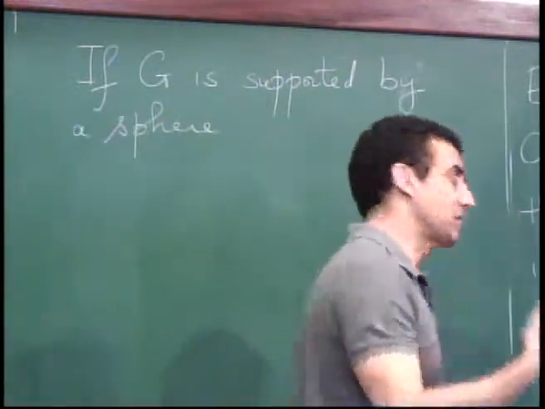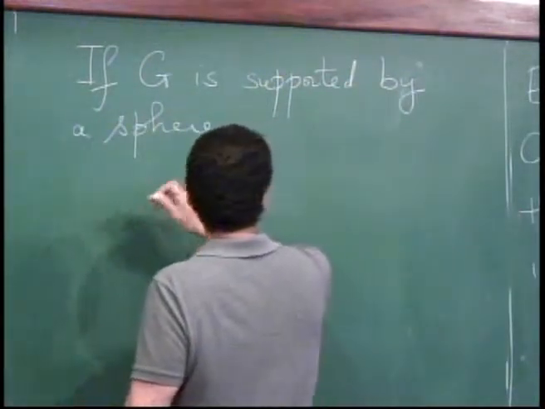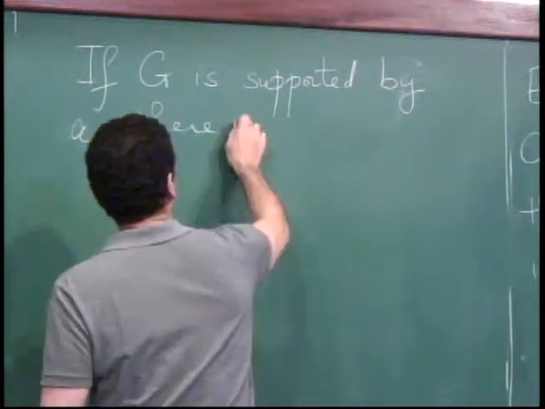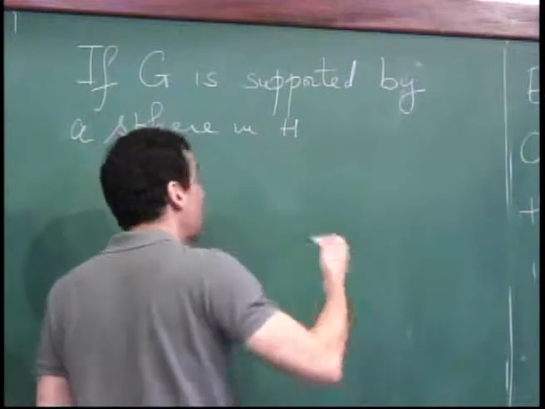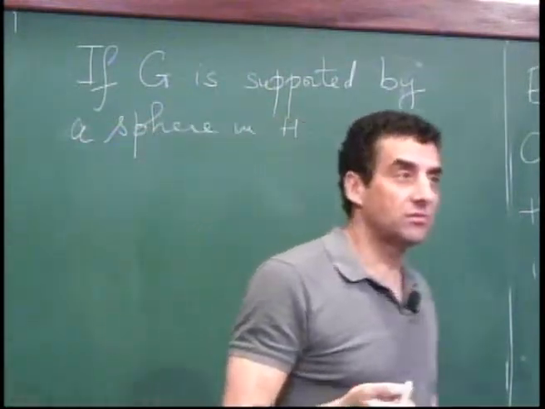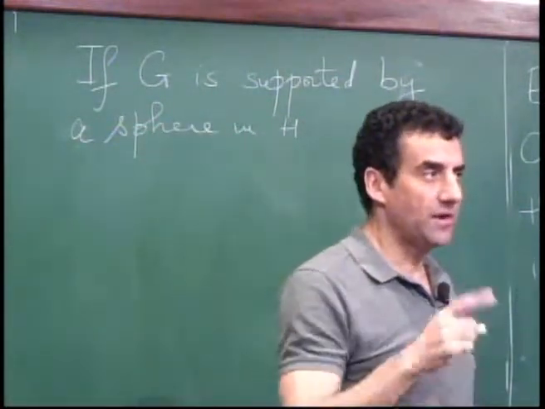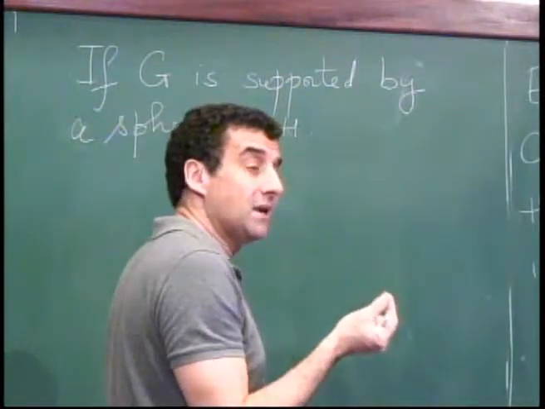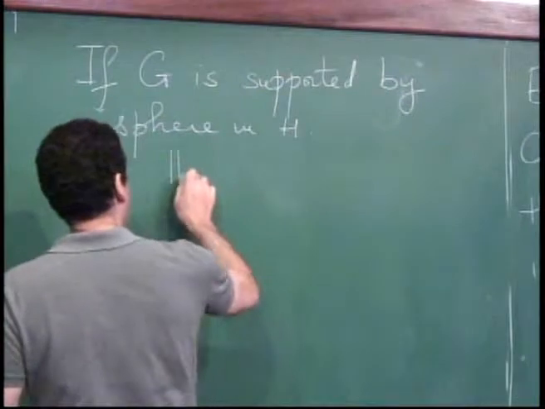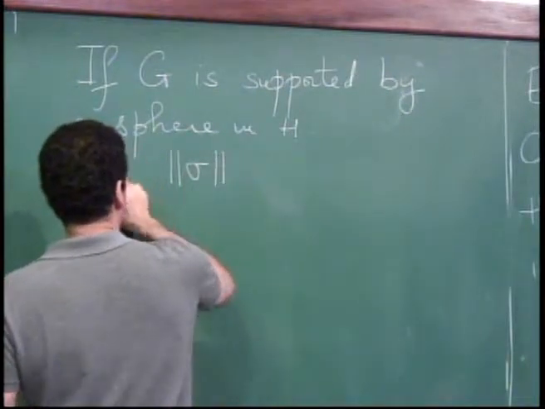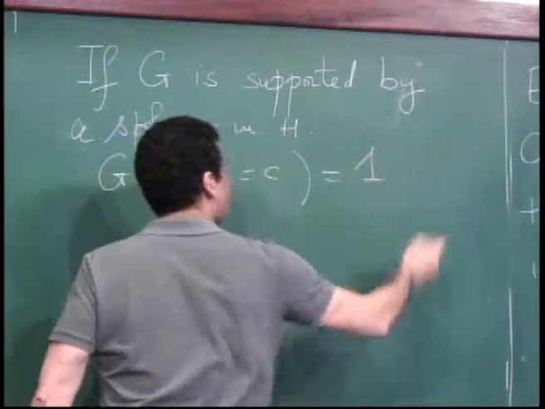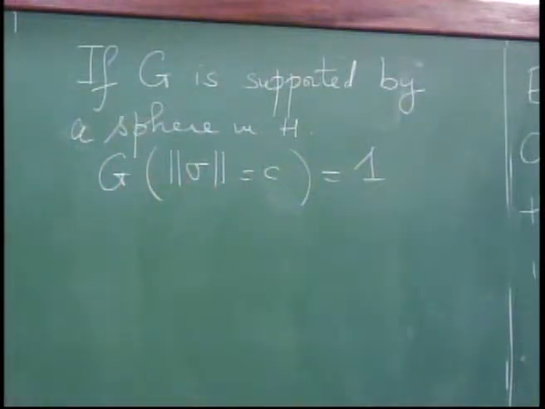So if it's supported by a sphere, say the unit sphere, but by any sphere in H, then under G the norm is constant. All the vectors have the same norm. So the norm of the sigma L's are all the same, say a constant C. Just imagine that.